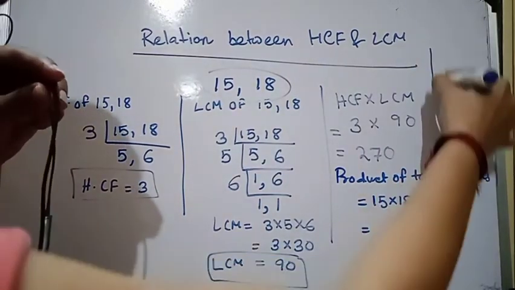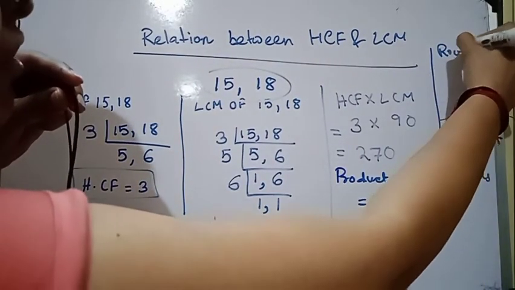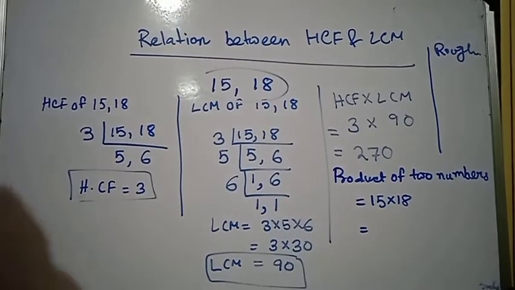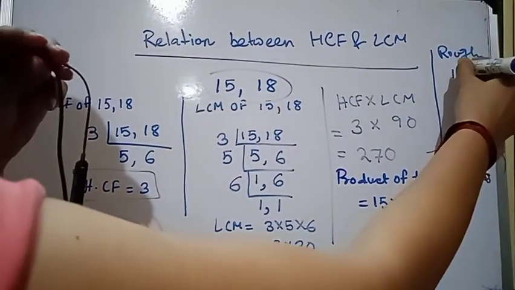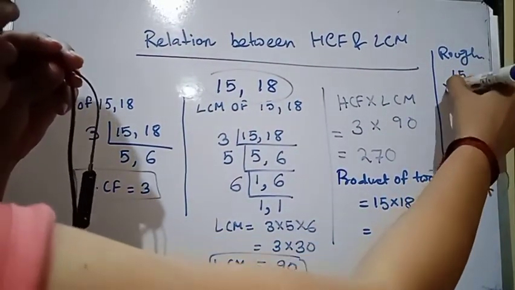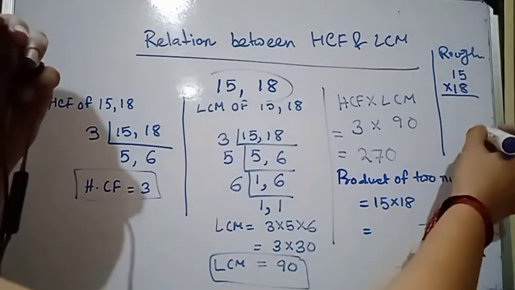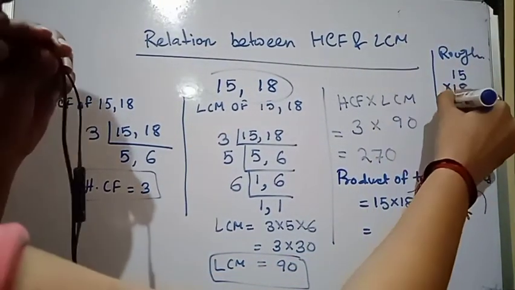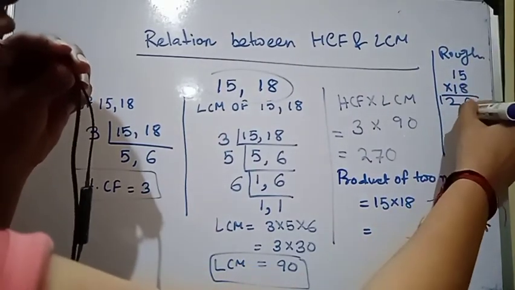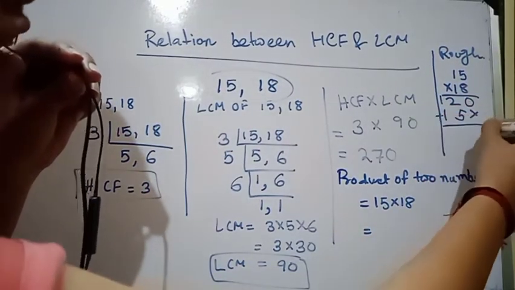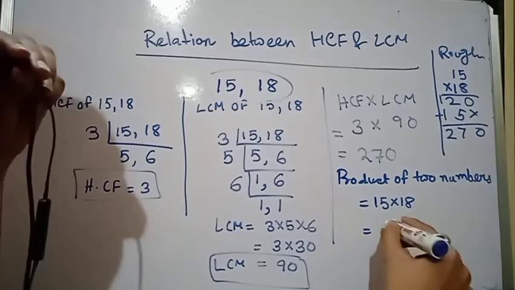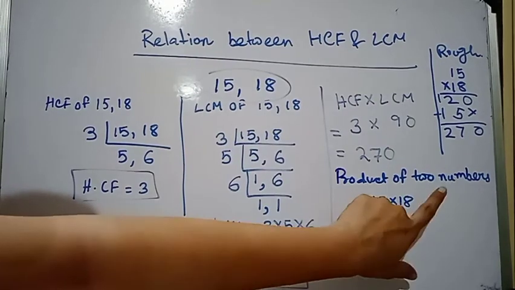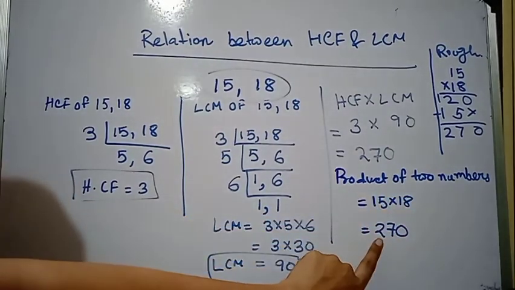Now multiply them in your rough portion. 5 8s are 40, 0, 4 in our hand, 8 1s are 8, plus 4 is 12, into 5 and 1, adding, 270. So see here, by taking the product of the two numbers, we get 270.